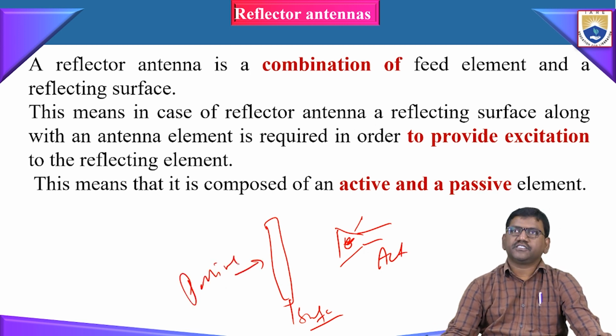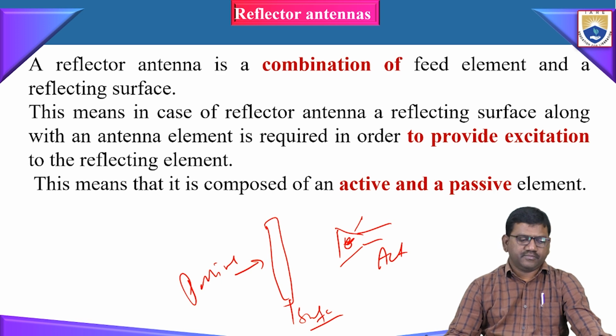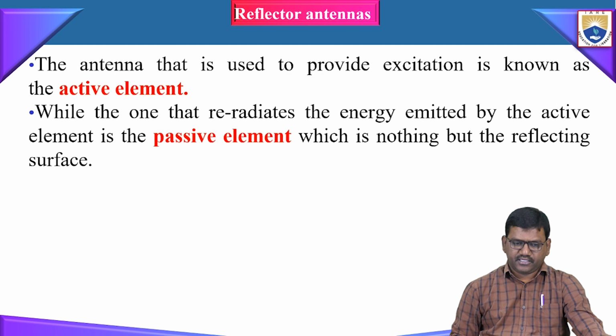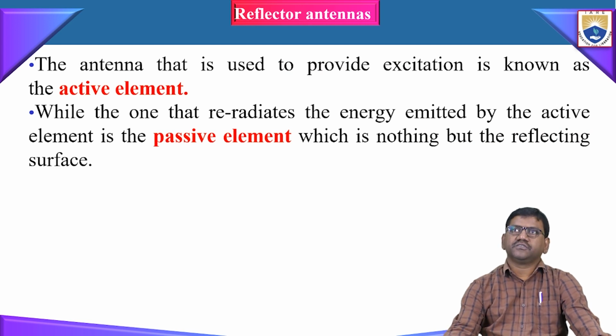So a reflector antenna is a combination of feed element and reflecting surface. It is required to provide excitation to the reflecting element. This means it is composed of an active and a passive element. The antenna that is used to provide excitation is known as the active element. The basic definition of active is that which provides excitation. We call it an active element here.